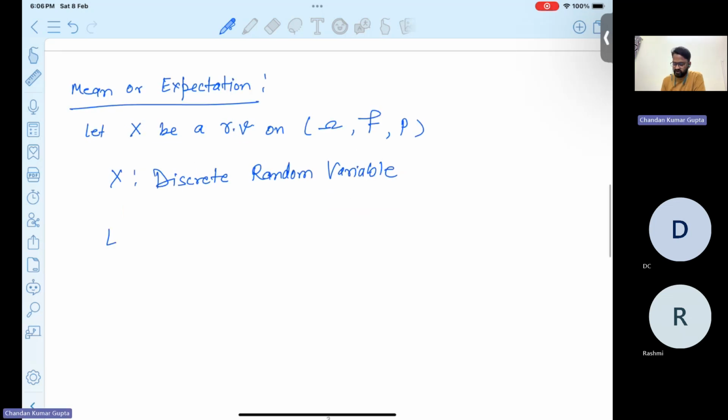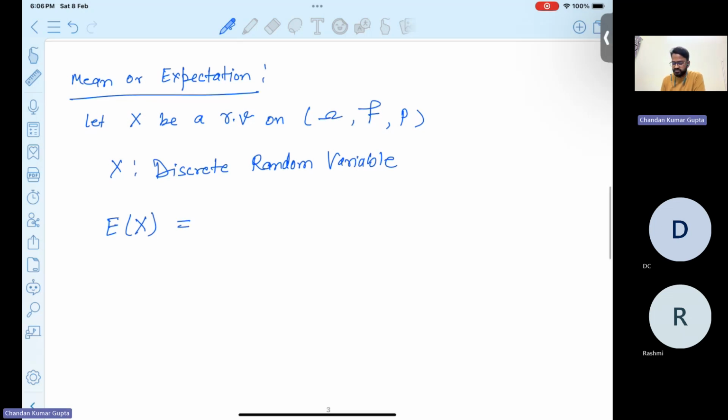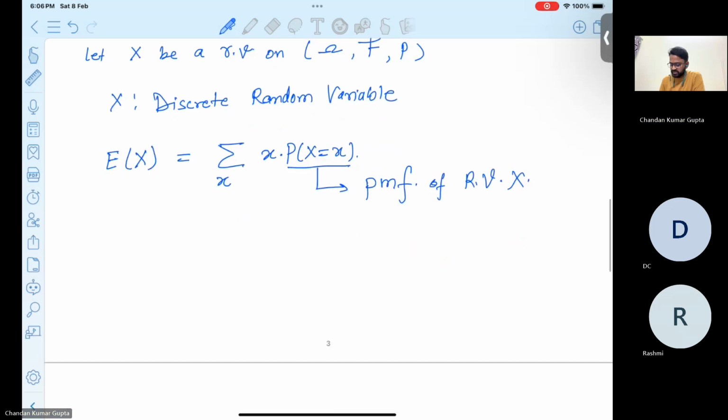In that case, we define the mean or expected value of X, denoted by E[X], as the summation over x of x into P(X = x). Here, this is the probability mass.